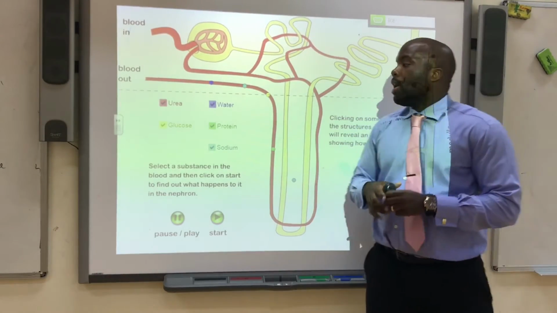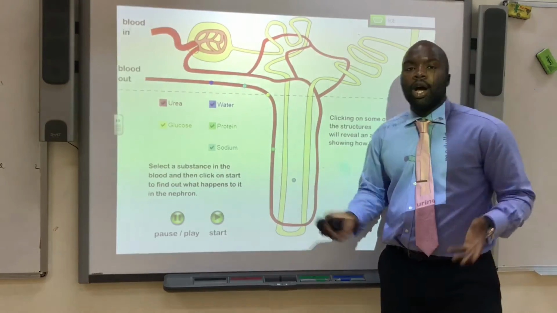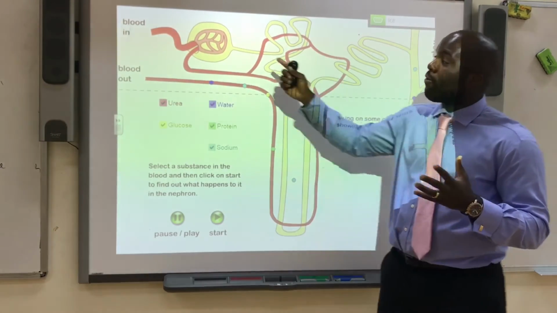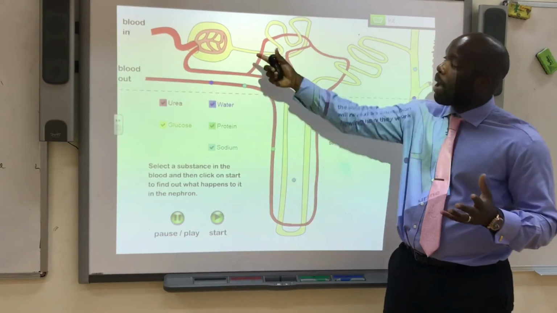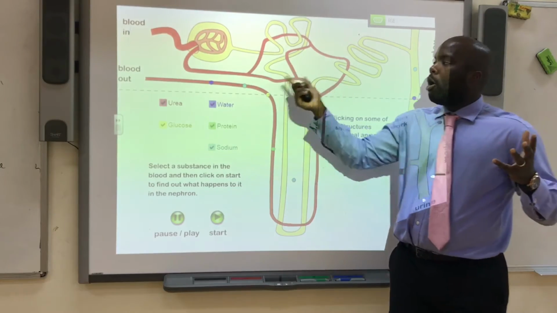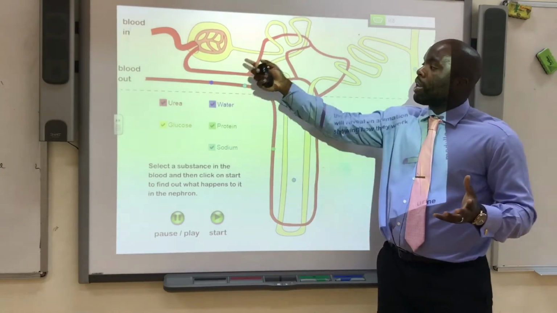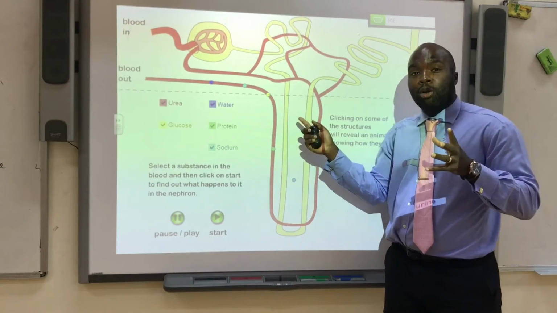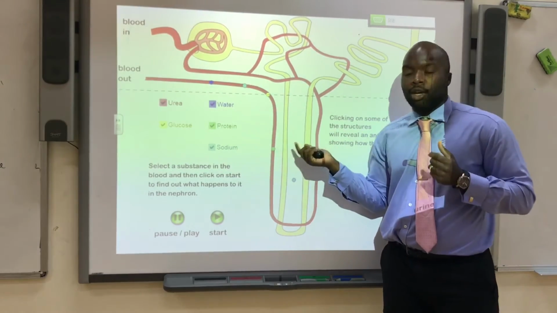Now, what happens is, all of the urea, water, ions, and glucose that are inside the blood need to pass from the blood into the tubules. So that's what happens. All of the water, urea, glucose, and excess ions that are inside the blood pass into these tubules. Now, the body is really smart because the body realizes that it needs to hold on to the glucose.